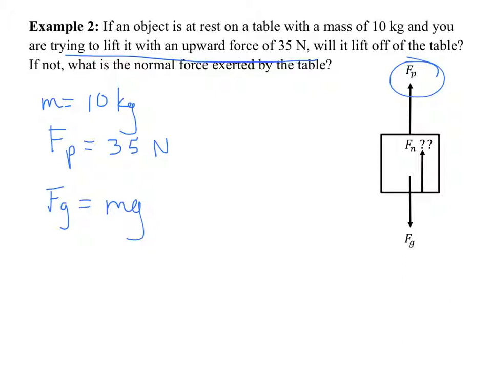Does that make sense? If I pull up with more weight than it is, it lifts up. But if I only pull up with a half a newton of force and this weighs a full newton, it's not going anywhere. So let's determine what Fg is. Let's see what the number is for Fg. So it's 9.81 times the mass, which is 10 kilograms. I should probably write that as 10 times 9.81.